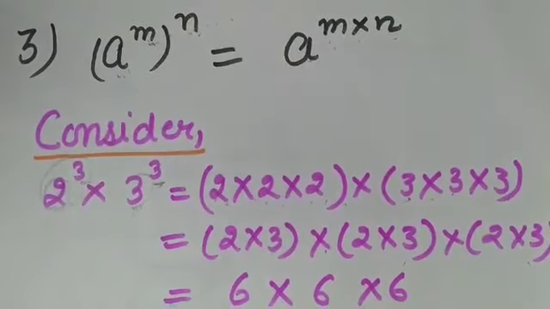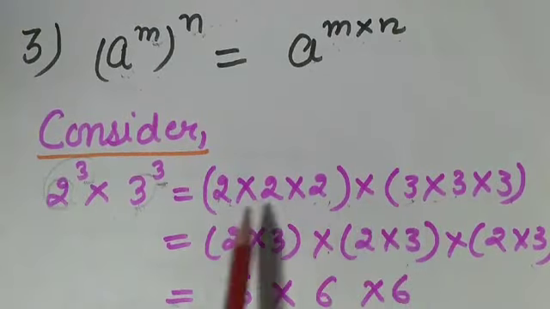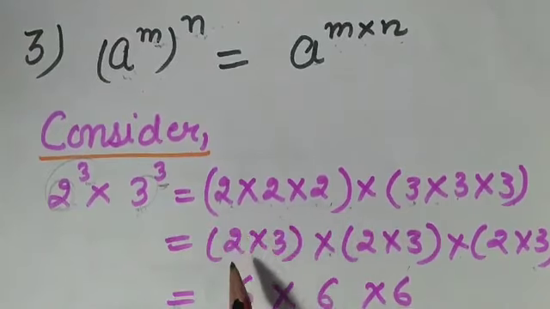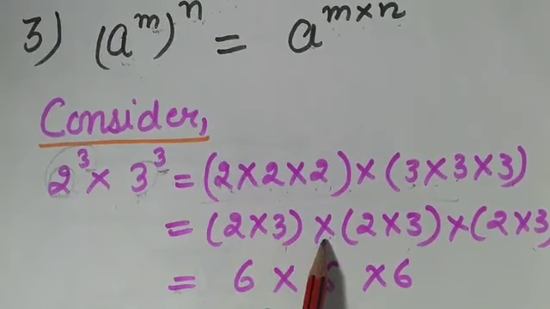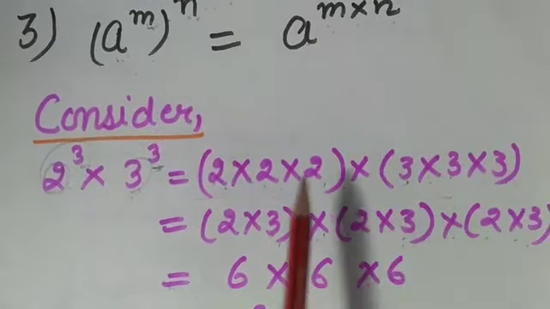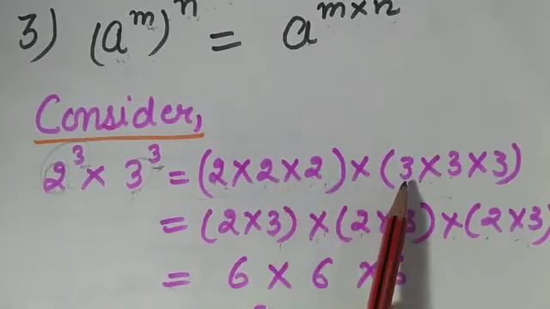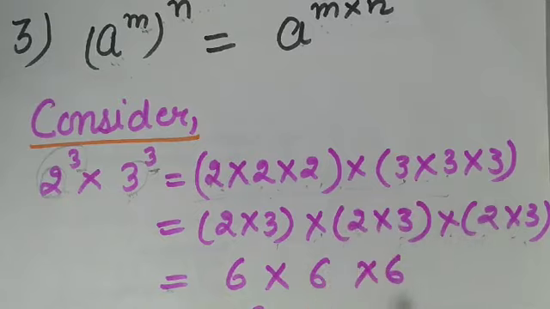Now in multiplication we can rearrange the order of the numbers. So this can be written as 2 into 3 into 2 into 3 into 2 into 3.